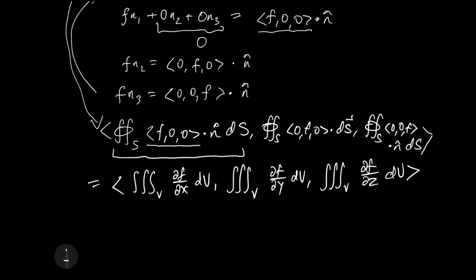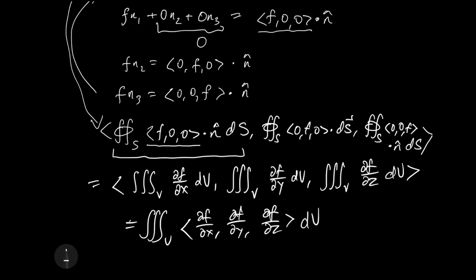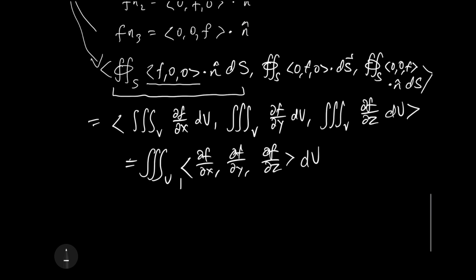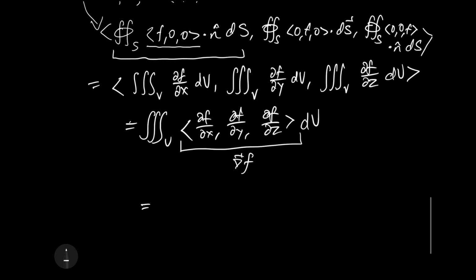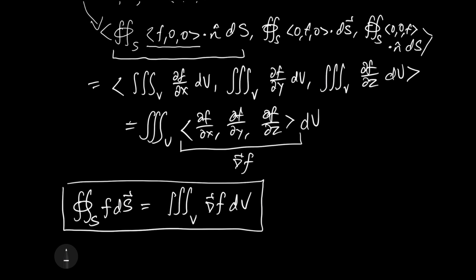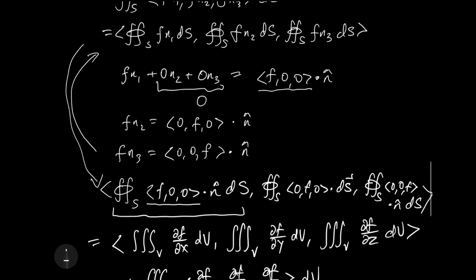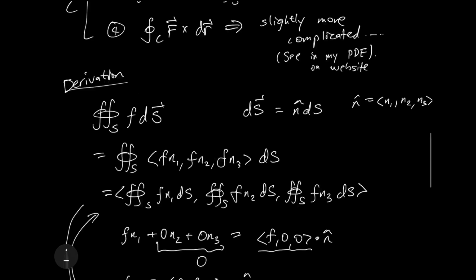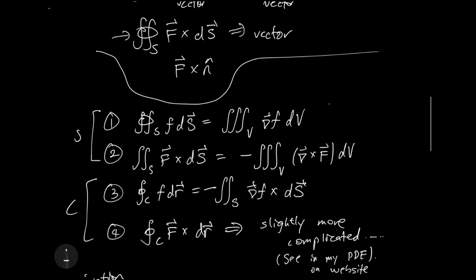If you take the triple integral sign out and the dv's, then you end up getting, but we already know what this is. This is simply just a gradient of f. And so therefore, I conclude, and that ends my derivation. You can see that this derivation exactly matches what I wrote in the very beginning.